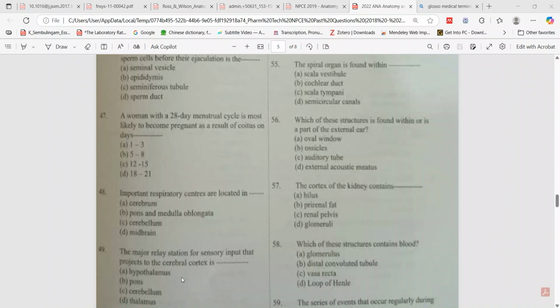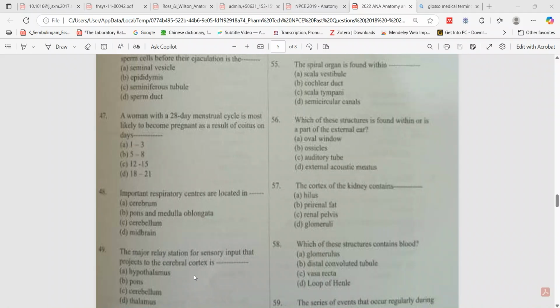Question 56. Which of these structures is a part of the external ear? A, oval window; B, ossicles; C, auditory tube; D, external acoustic meatus. The answer is external acoustic meatus.